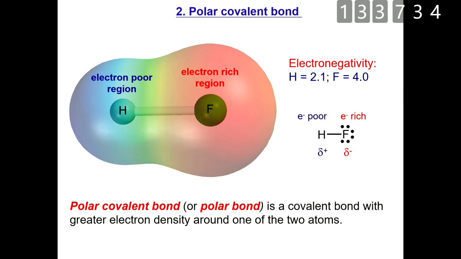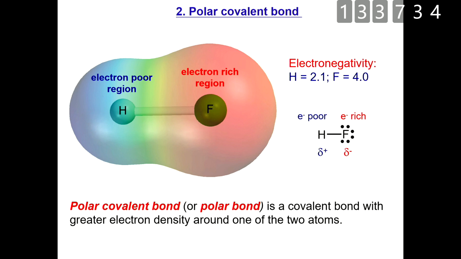So this looks like the fluorine has some minus charge, okay, and the hydrogen has some like positive charge, because the fluorine is electron-rich and hydrogen is electron-poor. So this has some minus charge and this has some plus charge. So this bond is called the polar covalent bond.